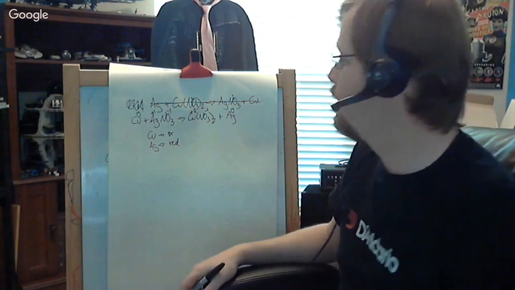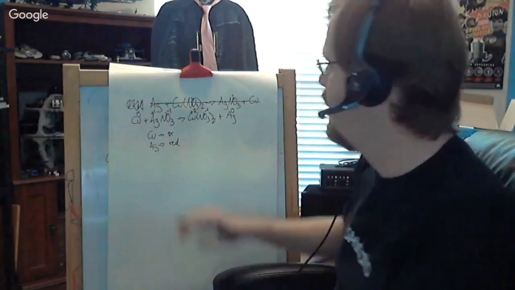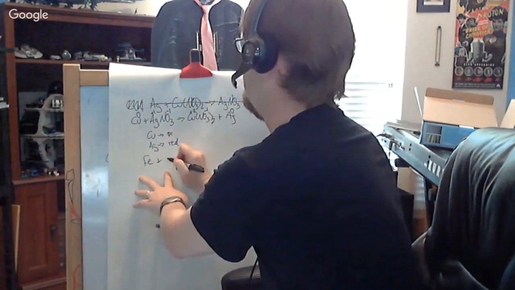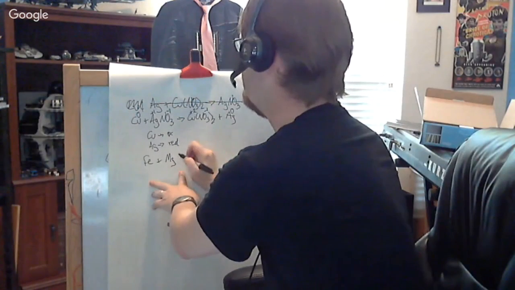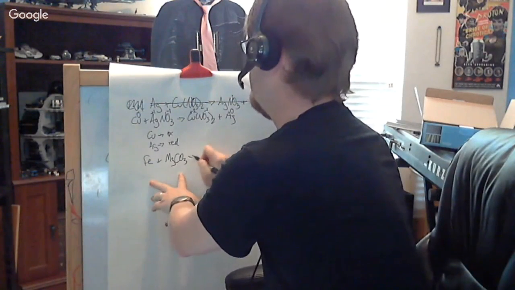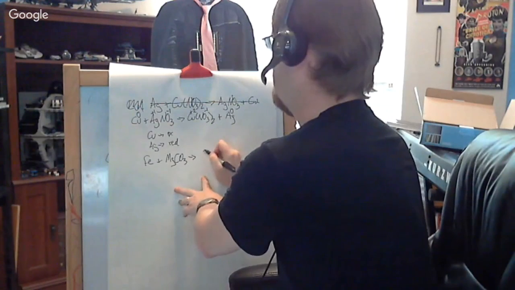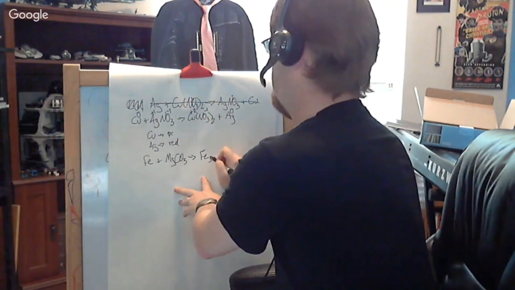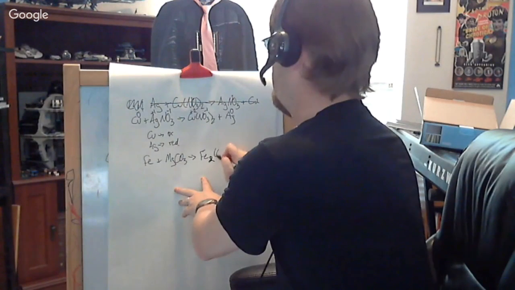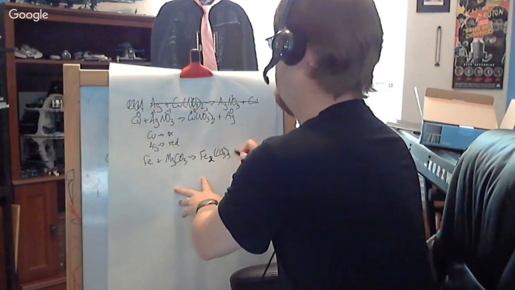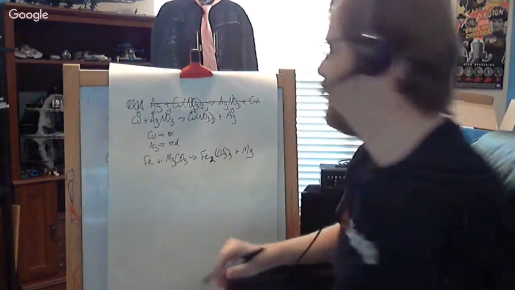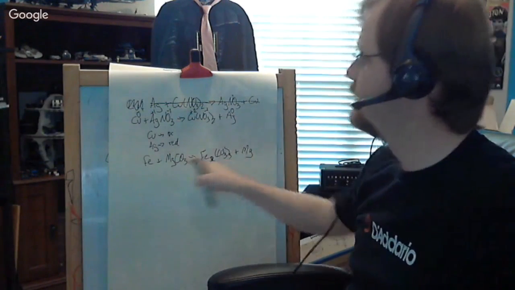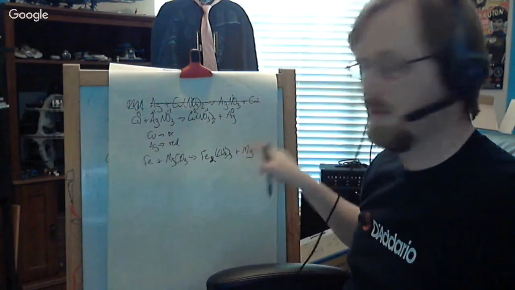So if I give you a reaction, like, say, iron plus magnesium carbonate, and then that becomes, on the other side, iron, sorry, that should be a 2, carbonate with a 3 plus magnesium, I could very quickly and easily say, all right, so magnesium is the one being reduced because it's going from a compound to an element.